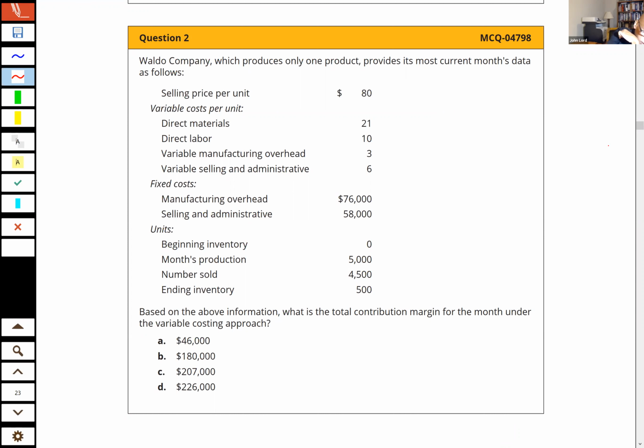So they want us to calculate the total contribution margin for the month here. Now, as you know, contribution margin is sales price minus variable cost. And in our contribution format, our variable costing approach, we're going to take all of our variable costs, whatever they are, and subtract them from the sales price.